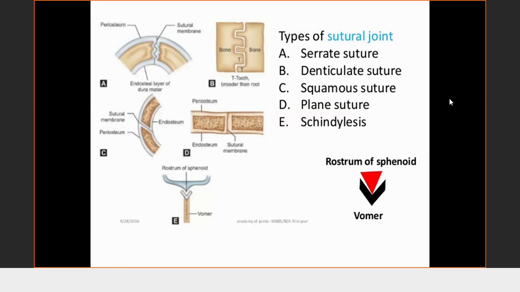If they are serrated, serrate suture; dentate, denticulate, teeth-like structure fitting into sockets, then denticulate suture; squamous, flat, squamous suture; and the plain suture; and syndhylasis, where there is a groove and a ridge of one bone is fitting into that groove. That is known as the syndhylasis variety of suture joint, which is one of the fibrous varieties of joint. Any confusion till now?